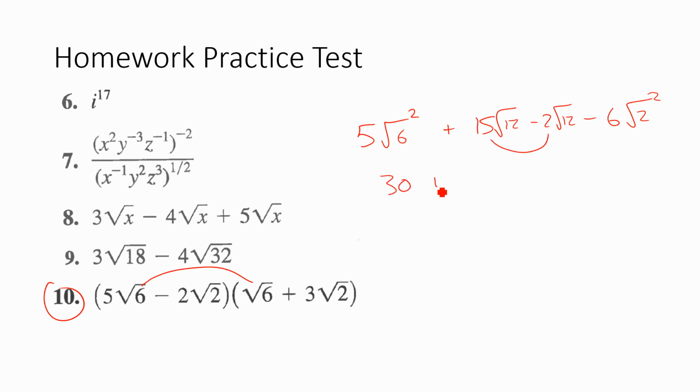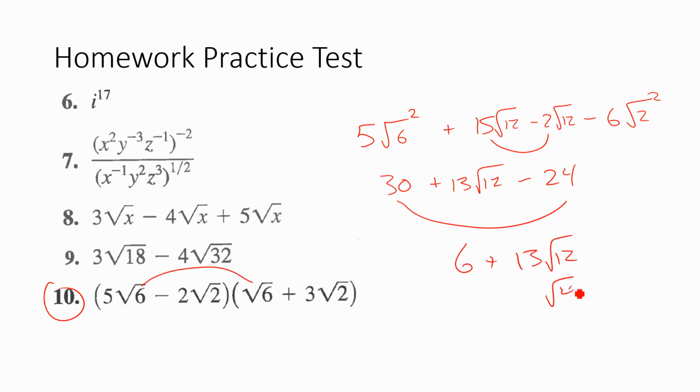Put these together and get 13 rad 12. And then this is minus 6 times 4, which is 24. So we're going to end up with, from these two together, 6 plus 13 rad 12. Rad 12 is 4 and 3. So this is 6 plus 13 times 2 rad 3, which is 6 plus 26 rad 3.